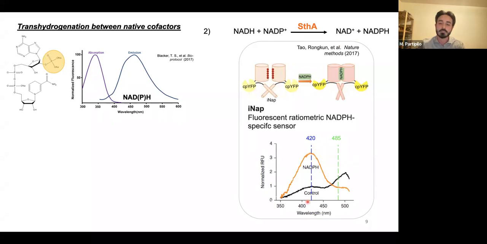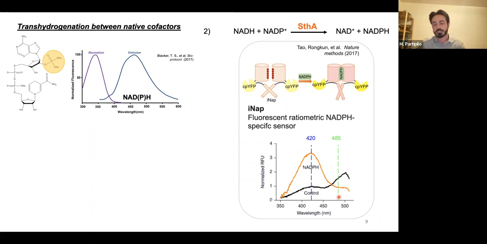And as you can see from the panel here on the bottom, in the absence of NADPH, the excitation spectrum of the INAP sensor does not show any peak at 420 and instead a peak around 485 nanometer. While when NADPH is present and is bound to the sensor, you will start to see the appearance of a peak around 420 and the disappearance of the peak at 485.